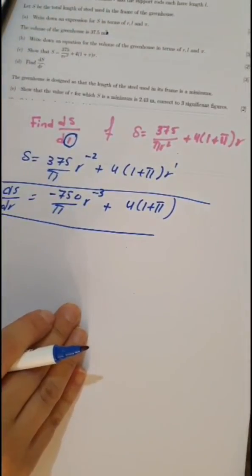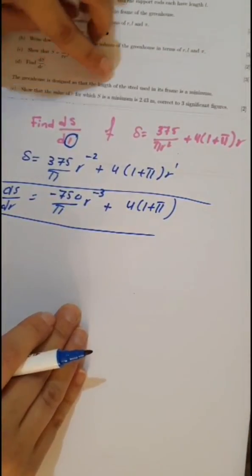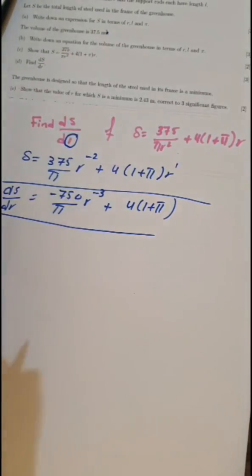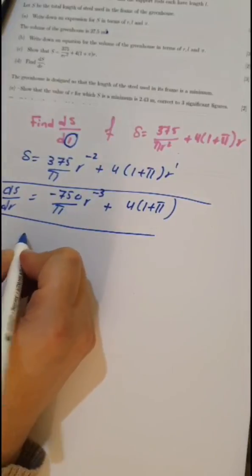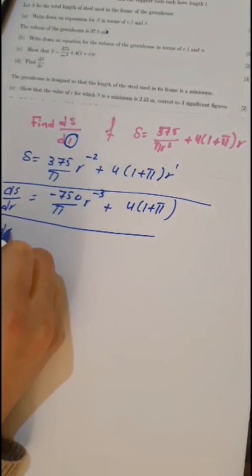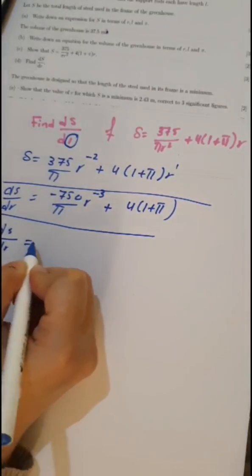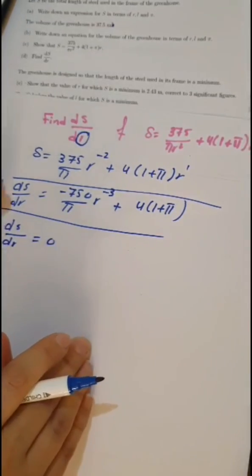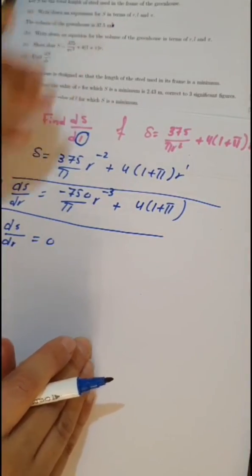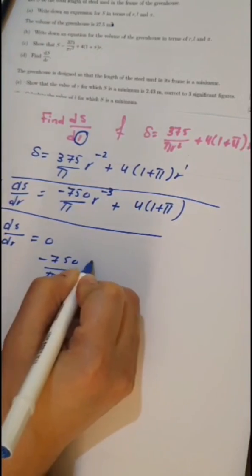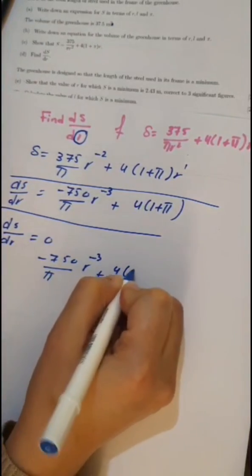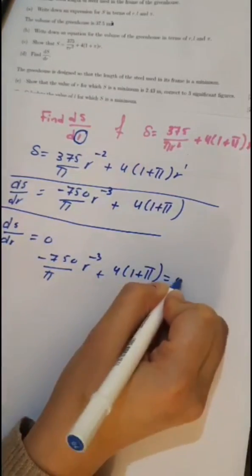The greenhouse is designed so that the length of the steel used in its frame is a minimum. If the length of the steel is the minimum, so in this case dS over dr will be equal to 0. So if I want to solve this, I'm gonna say -750 over pi r to the power of -3 plus 4, 1 plus pi, it will equal to 0.